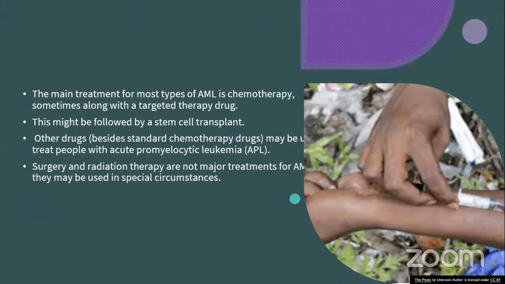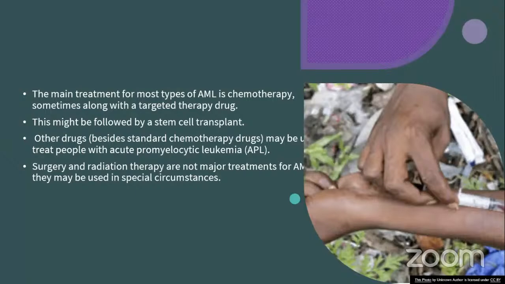So about the treatment, the main treatment for most types of AML is chemotherapy, and sometimes along with a targeted therapy drug. Targeted therapy is a new type of treatment for cancer patients. It just targets the cancer cell, so it was approved recently, and it has a better effect and fewer side effects.